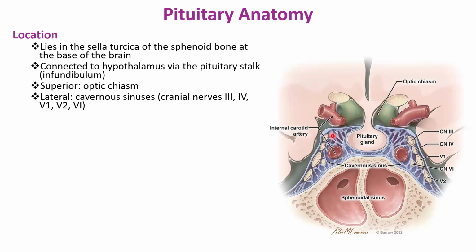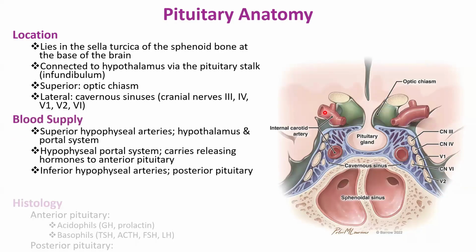Remember the cavernous sinus also contains cranial nerves 3 and 4, branches of cranial nerve 5, that is V1 and V2, and cranial nerve 6. Also the internal carotid is a content of the cavernous sinus.